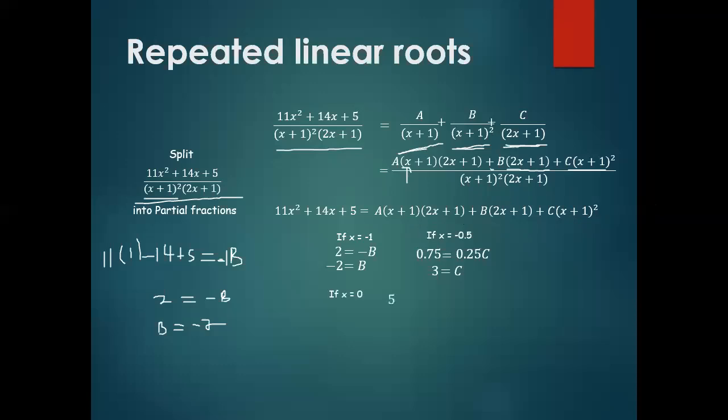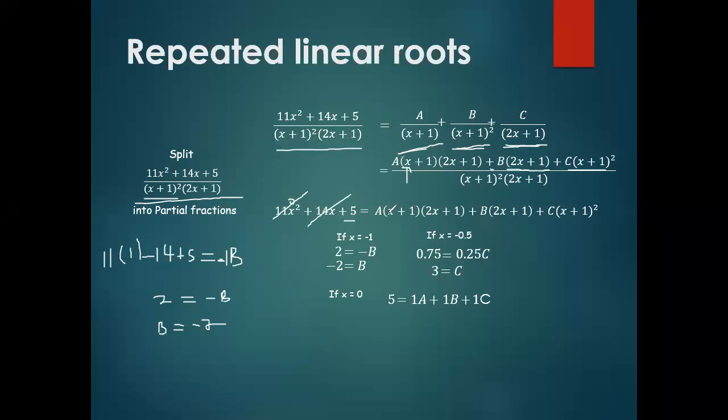So here, if I let x be equal to 0, this is what I'm going to get. I'm going to get this equation. So if x equals 0, when I put it in, 11 times 0 is 0, 14 times 0 is 0. So I'll get 5 on the left side.